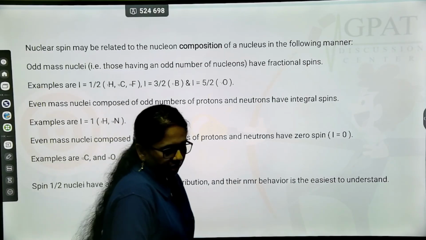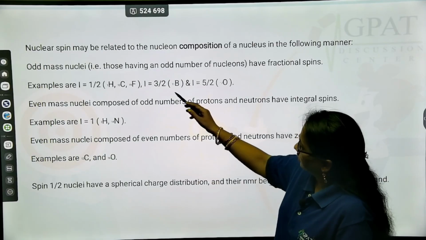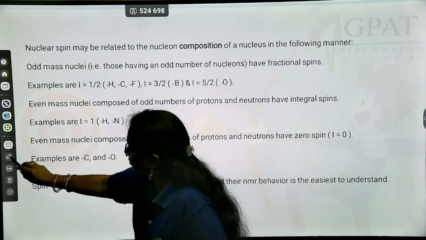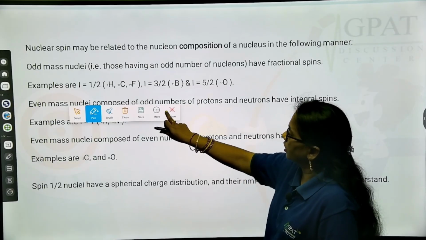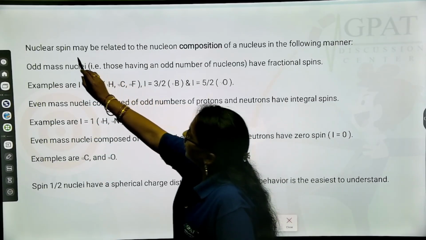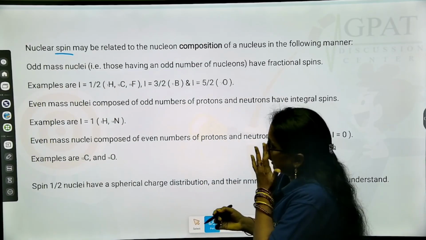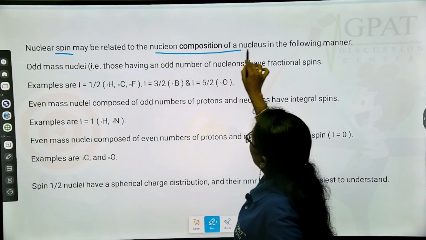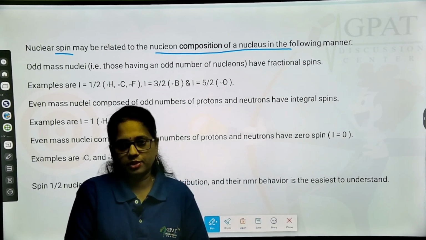So let us see the different types of spin quantum numbers, and thereby you will come to know how this distribution occurs. Whenever spinning takes place because of the radio frequency, it is related to the composition of the nucleus.